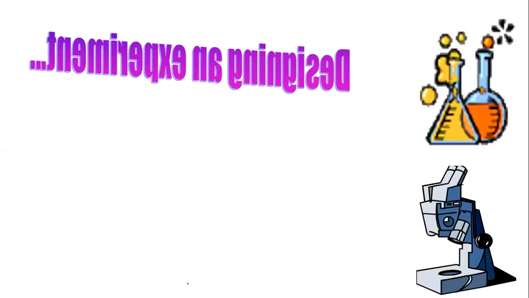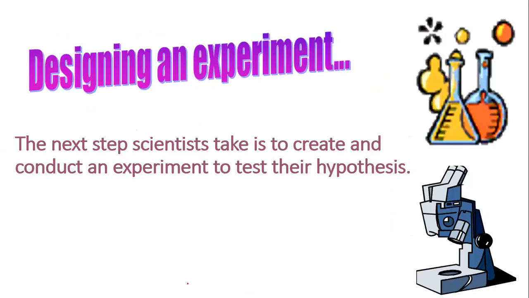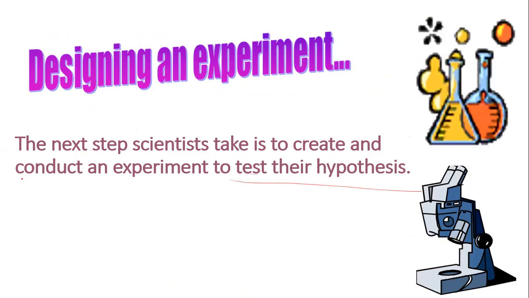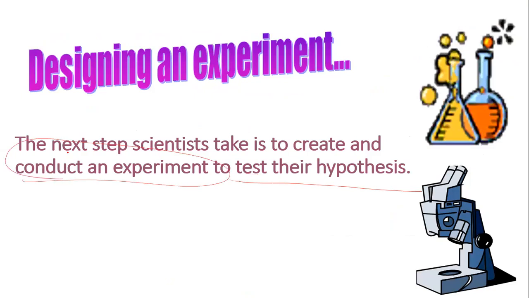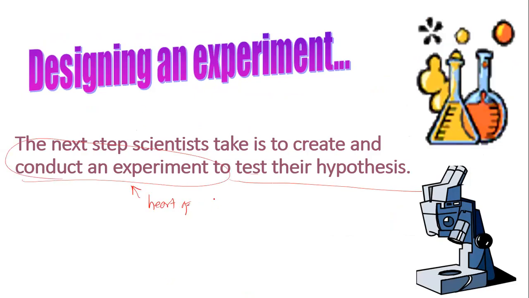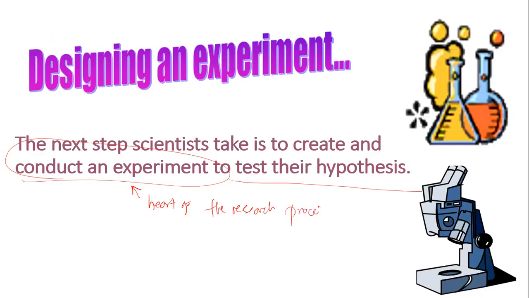Okay, next, in designing an experiment, the next step a scientist takes is to create and conduct an experiment to test their hypothesis. So when we say conduct of experiment, this is actually, class, the heart of the research process.